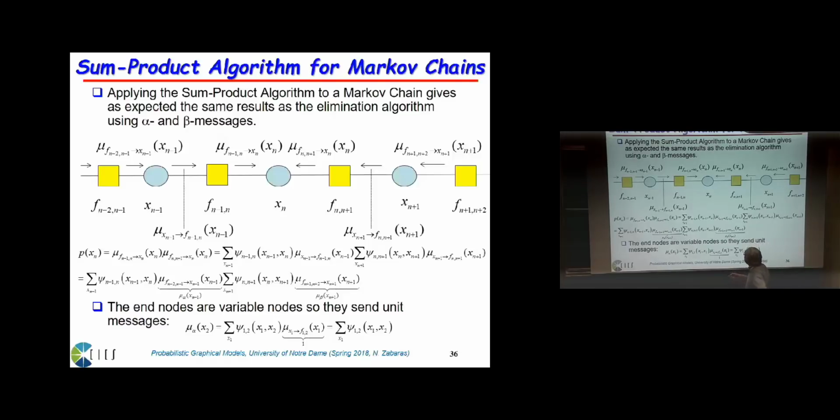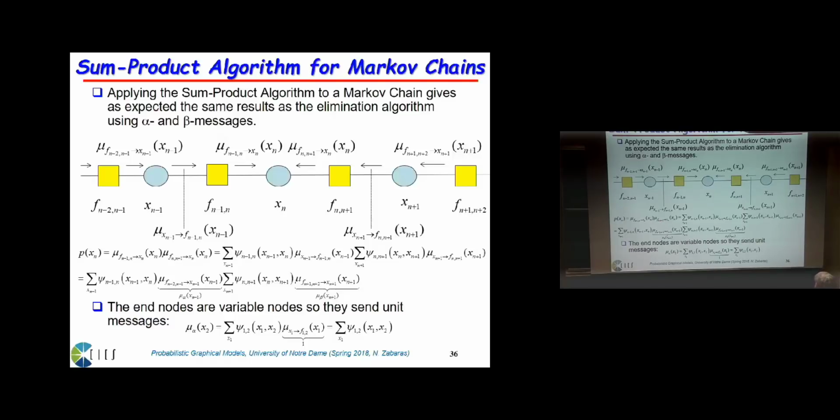If you want to compute the marginal of any node, remember, a node is connected to a factor in front and a factor behind. You don't have two nodes connected with each other without a factor. So the marginal at a node is basically the product of the messages the factor n minus 1 sends to node n, and the factor n sends to the node xn.